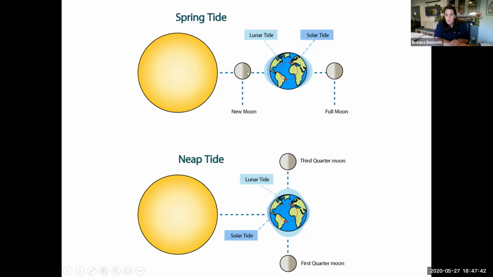When the moon is in line, either between the Earth and the Sun, or moon, Earth, Sun, you have more gravity pulling, and that's where you get those bigger tide ranges, higher highs, lower lows. When it's at the first quarter, third quarter, they kind of balance out and you have the lower ranges. So that's where the moon is affecting you.